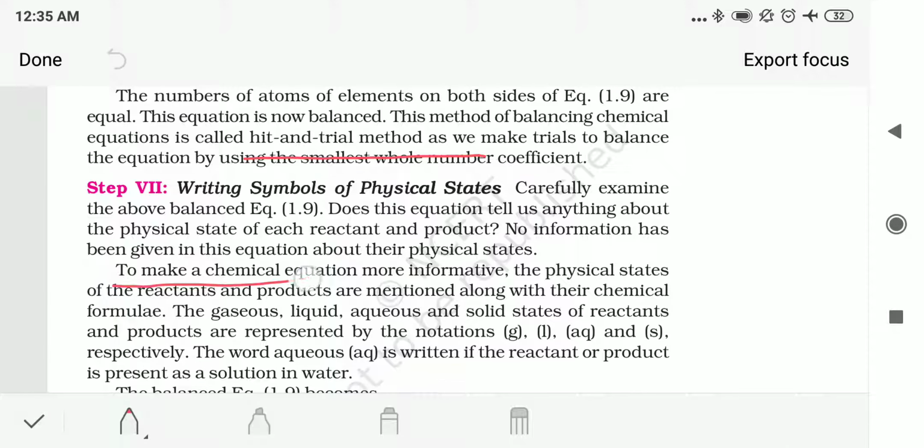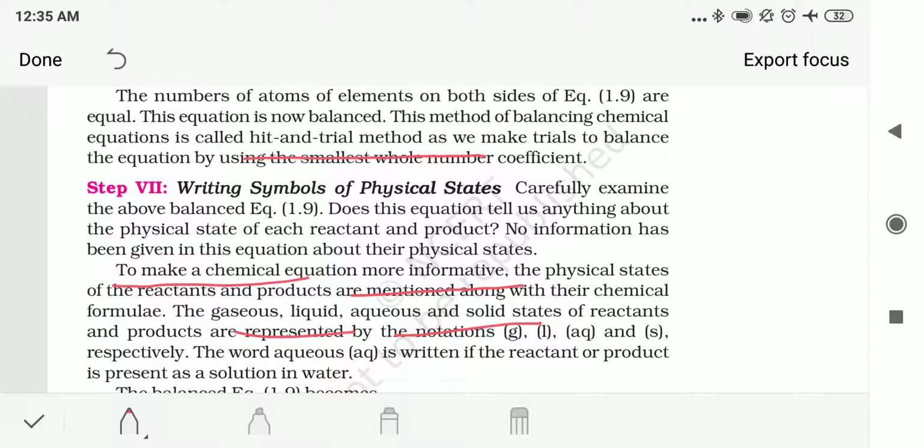So, to make a chemical equation more informative, the physical states of the reactants and products are mentioned along with the chemical formulas. We write the symbols of physical states of the reactants and products on both the sides. The gaseous, liquid, aqueous and solid states of reactants and products are represented by notations.